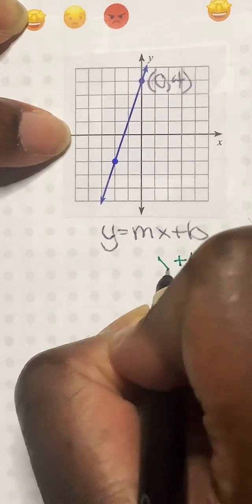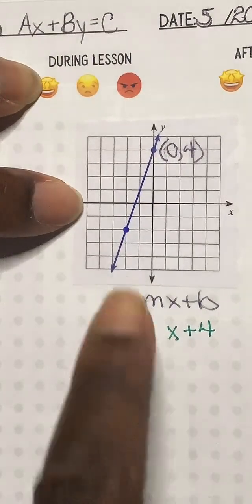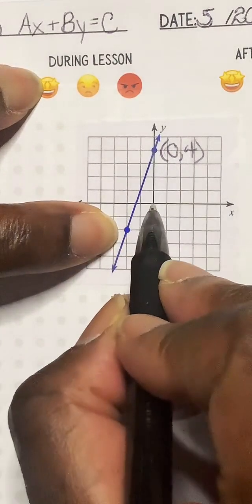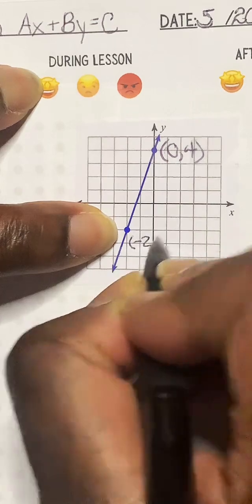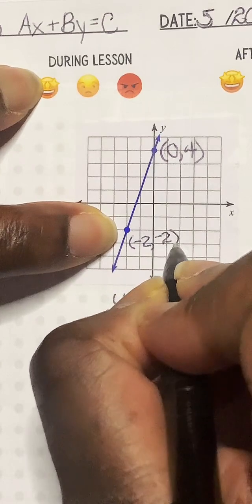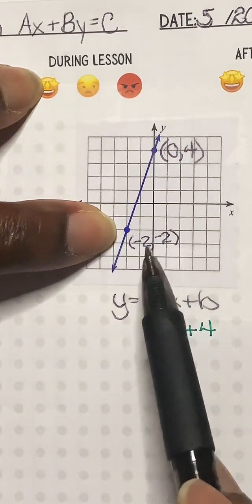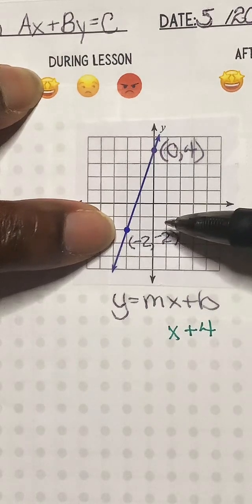So now we need to figure out our slope. So we could find the ordered pair of this point. Okay, there's multiple ways. So we have negative 2 comma negative 2. So we could do the change of y over change of x, do it algebraically, or we could do it graphically.